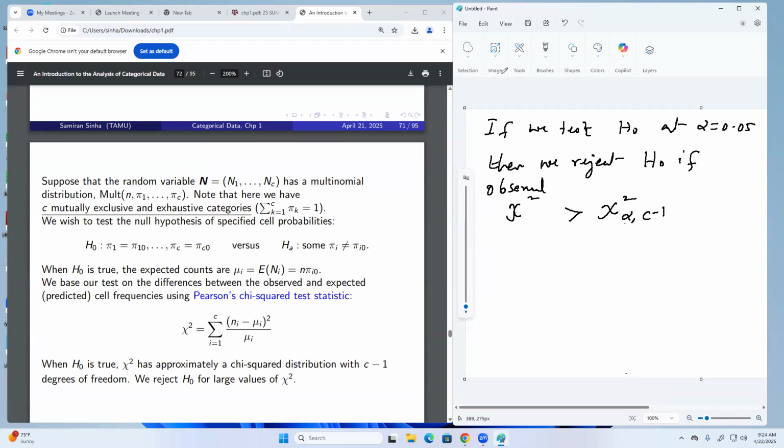So here alpha equal to 0.05, so it will be 0.05.